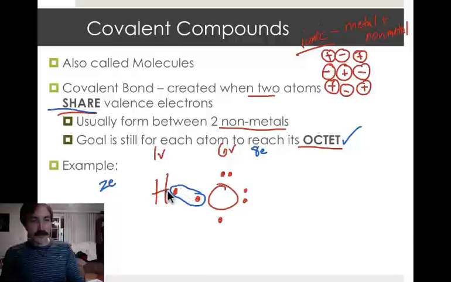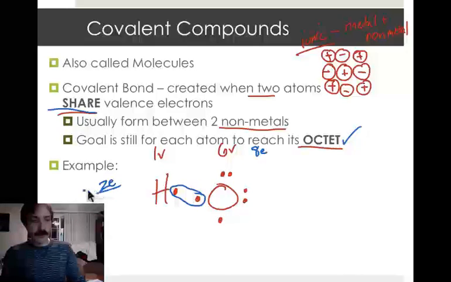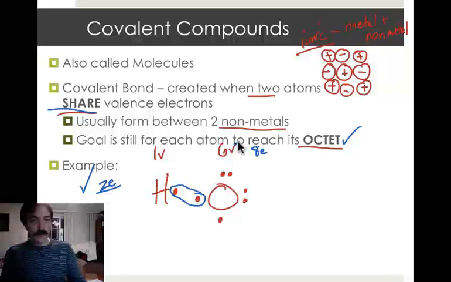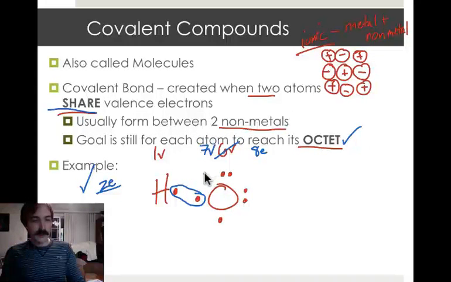When we do that, that means that hydrogen now has its octet. It's got 1, 2 electrons. It's happy. Oxygen, on the other hand, right now has 1, 2, 3, 4, 5, 6, 7. So it doesn't have 6 valence electrons anymore. It's got 7. It's closer to an octet, but it's still not there yet.